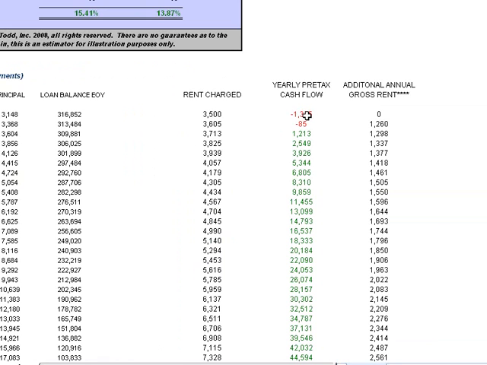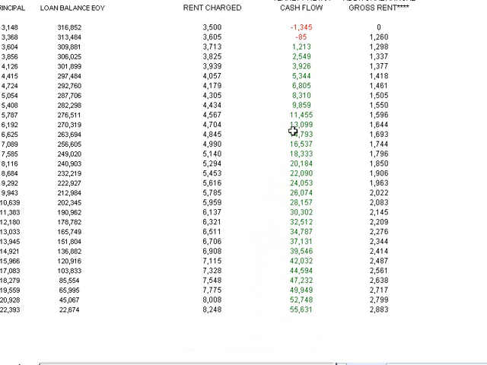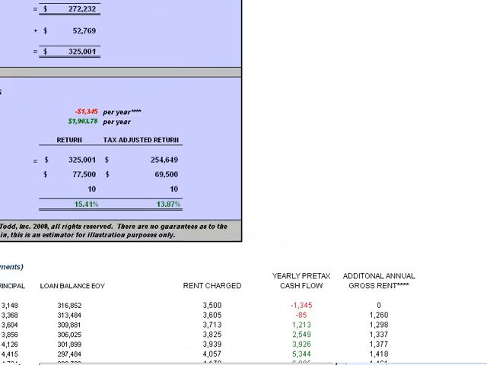Remember, $13.45 was my yearly pre-tax cash flow. First year was negative, but each year that's going up. So this is where I'm actually seeing my positive cash flow over this period of time, and we go out the full term of the loan, it's here. But if I was going to hold this out about 10 years, I'd probably be looking at $14,000 to $16,000 a year positive cash flow at the end of that time period.